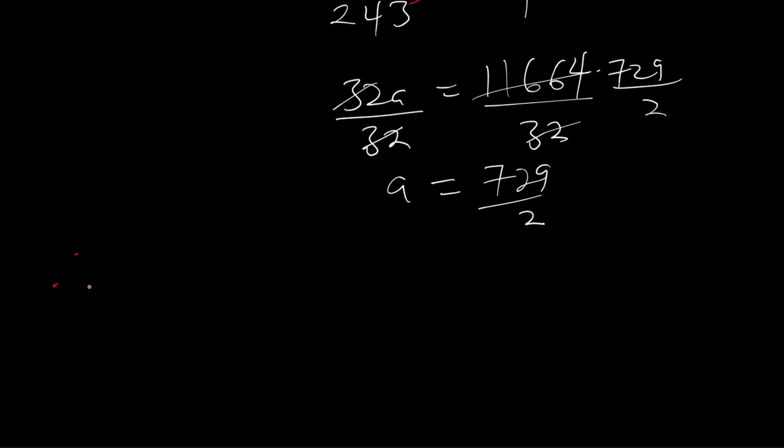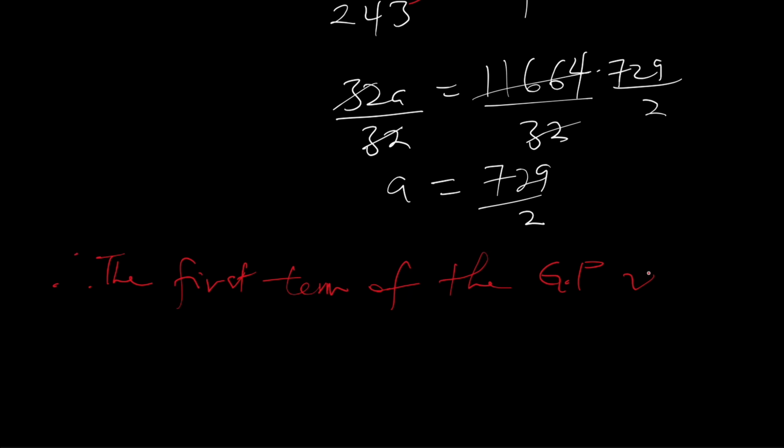So therefore, the first term of the geometric progression is 729 over 2. So this brings us to the end of question 9 of the 2020 Nov core maths theory questions.